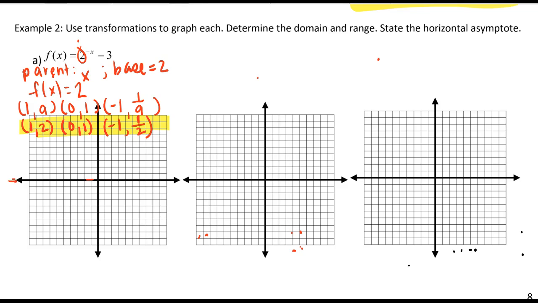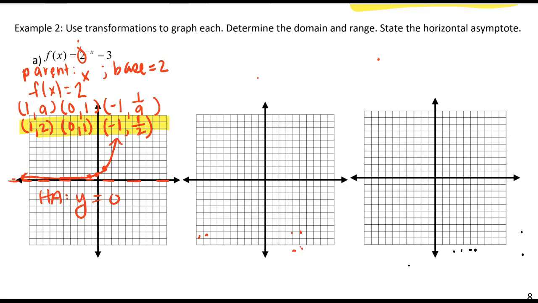You will also have a horizontal asymptote at y equals 0. So let's plot. 1, comma, 2 goes here, 0, comma, 1 goes here, and -1, comma, 1/2 goes there. I'm going to try not to touch your asymptote, and still be smooth with no corners or gaps.